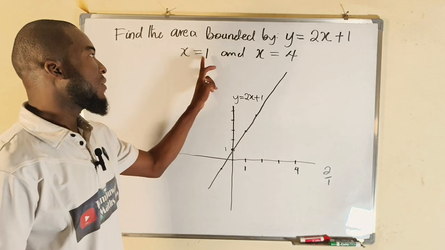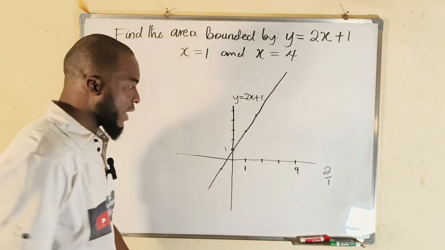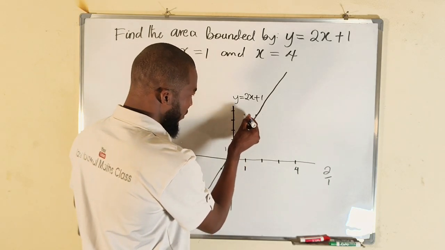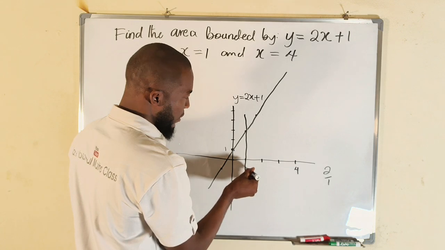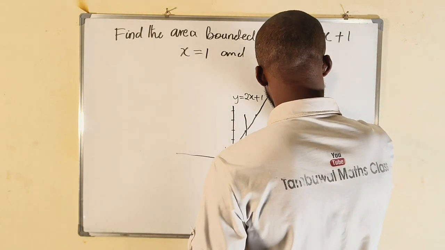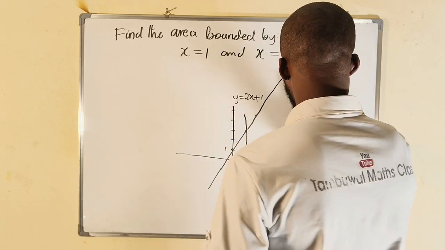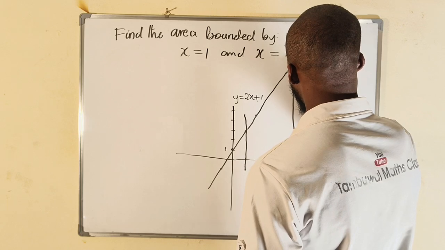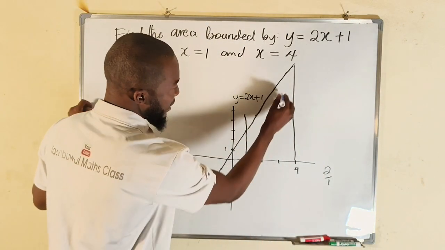The graph of x equal to 1 is what? A vertical straight line. So it passes through this point. And x equal to 4 somewhere here. So let me connect this point.